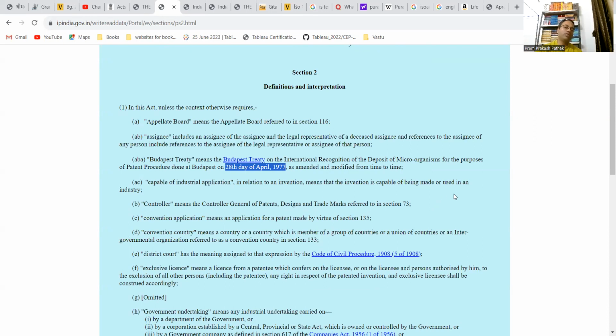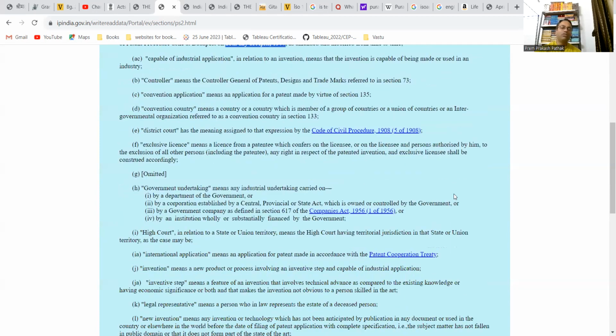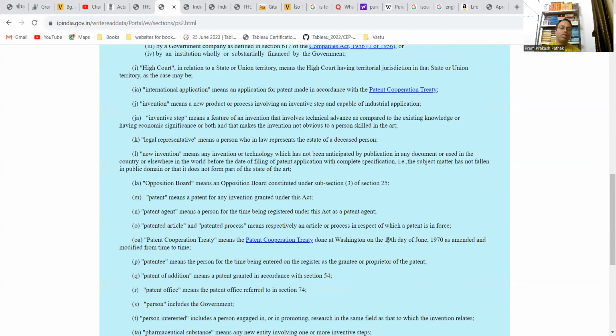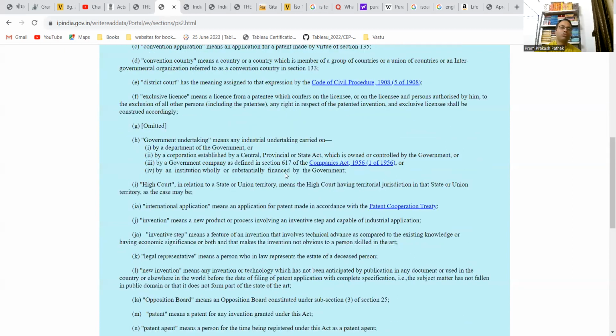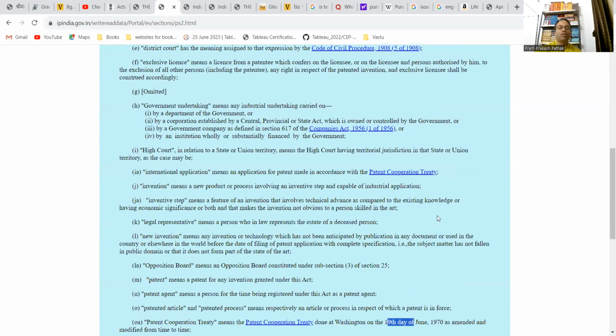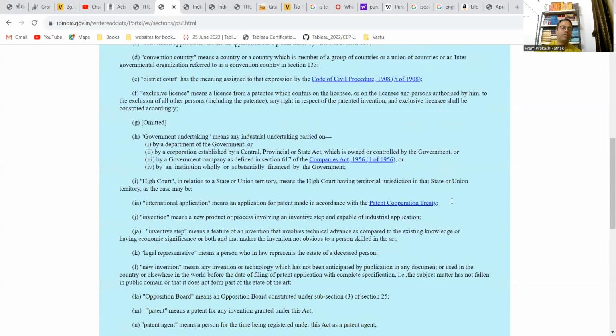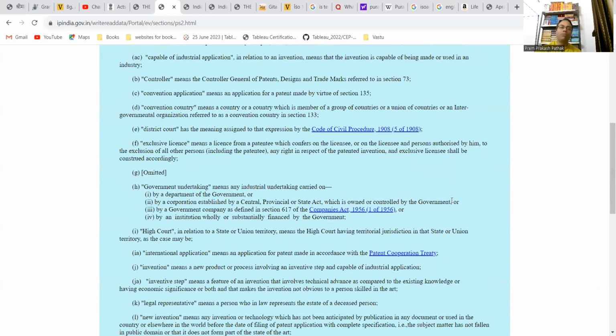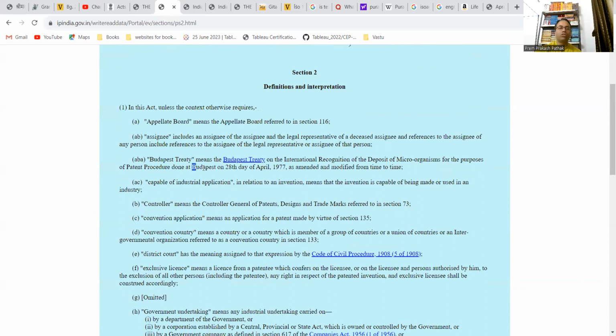I'm just saying 7 years, before and after, so that it helps to memorize this. So Budapest was after PCT, in 1977, and PCT was in June, 19th June, and Budapest was on 28th April 1977. These are the two dates: the Budapest Treaty, and the Patent Cooperation Treaty at Washington. And the Budapest Treaty was, of course, at Budapest. These are things we need to remember.